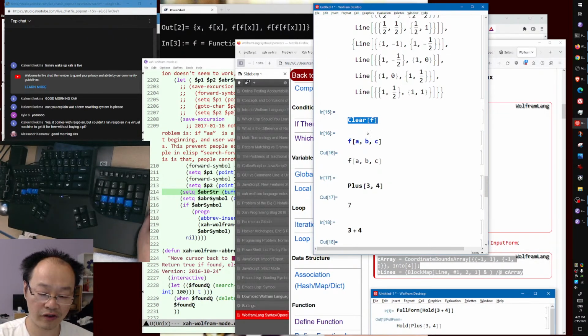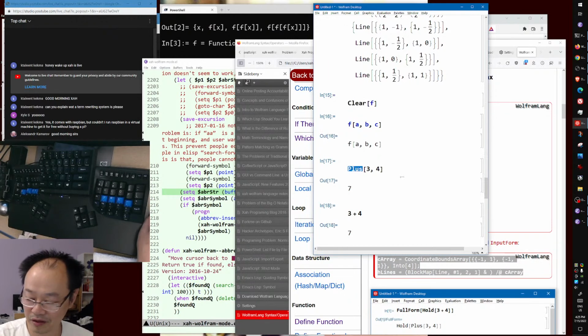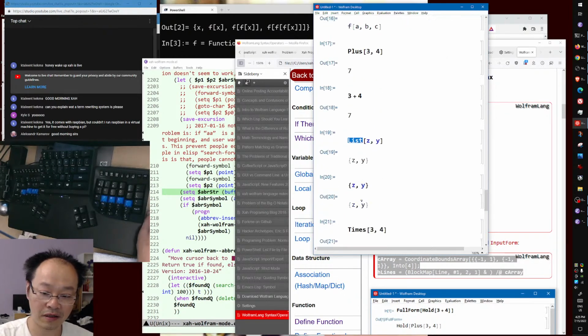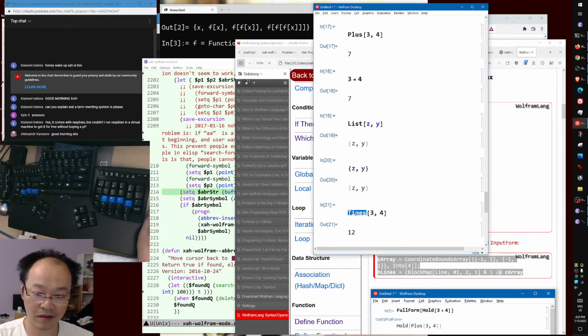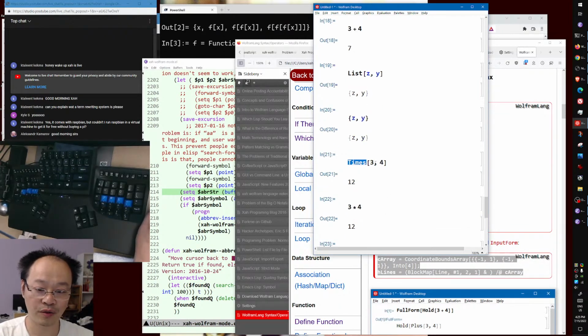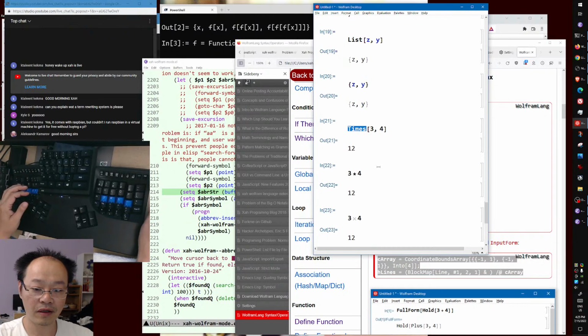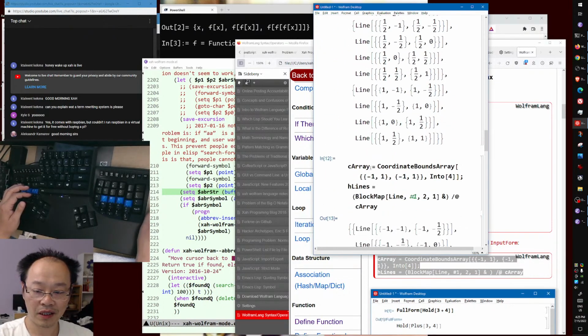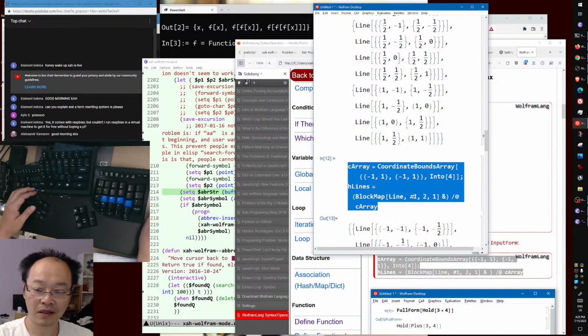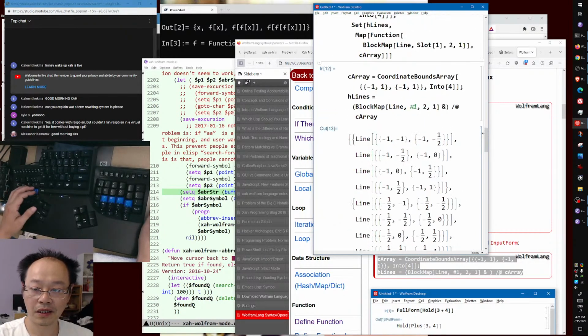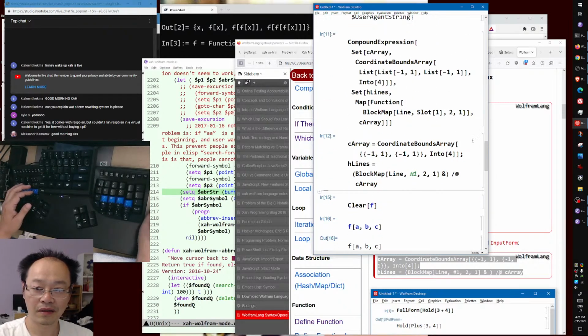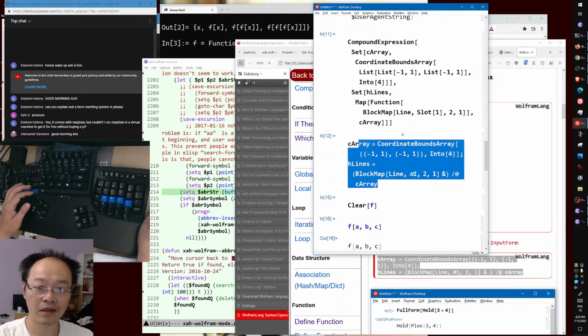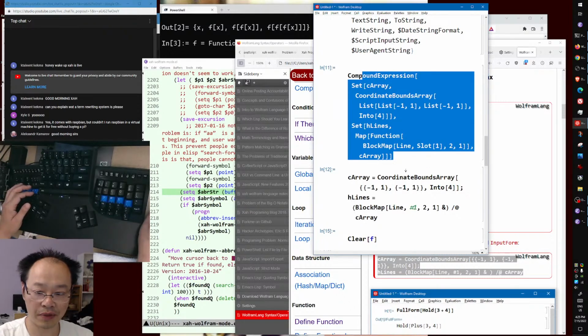However, for some of the commonly used functions such as Plus, List, Times, and many others, maybe 50 or 100 of them, there's a shortcut syntax corresponding to the full form. So that's why, let me delete this output, this part is exactly equivalent to that part.